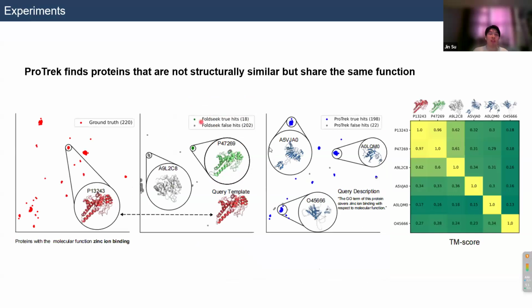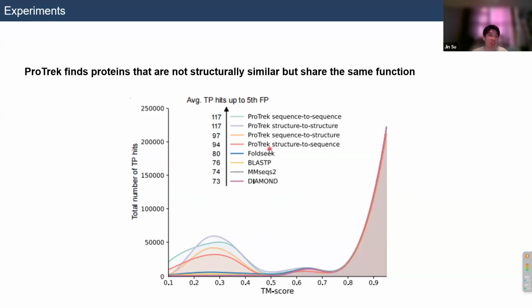For each protein in the test set, we search this protein against the test database, and we count the number of true hits, and also we calculate the distributions of TM scores.